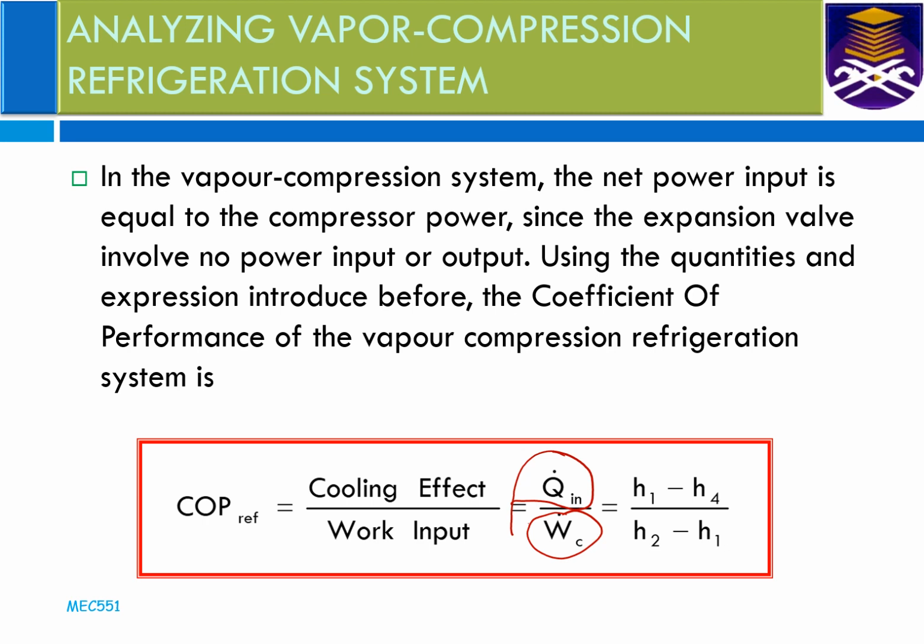Then the coefficient of performance is the desired output divided by the required input. From this equation, it can be simplified by the enthalpy change in the evaporator and the enthalpy change in the compressor.